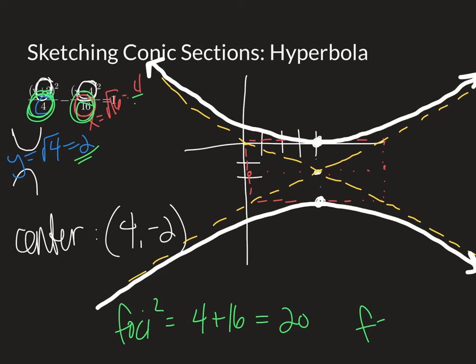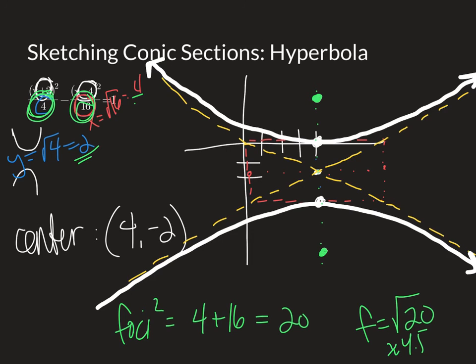So your foci are the square root of 20, which is about 4.5. From your center, we're going to go 4.5 units up vertically along the y-axis, and 4.5 units down along the y-axis.